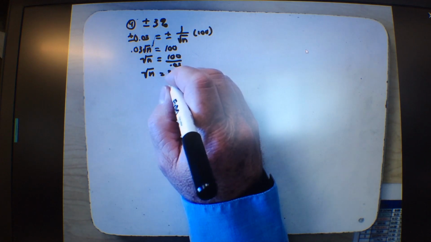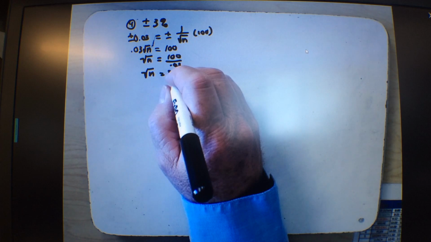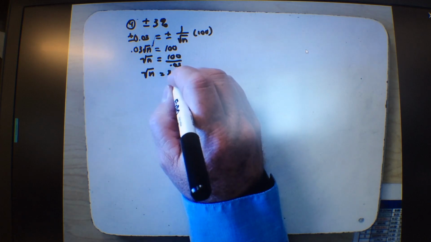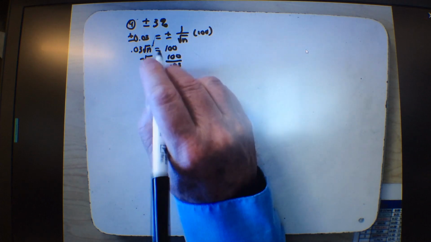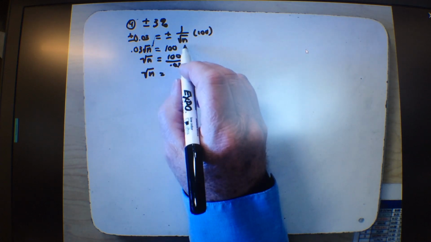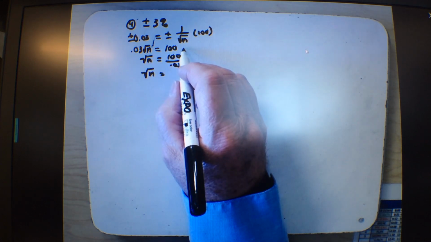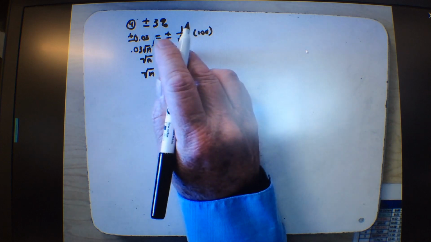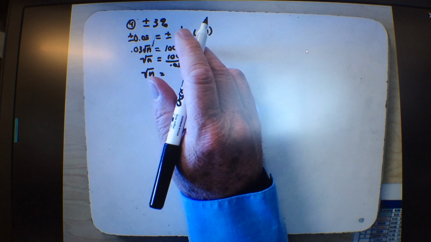3,333.3, with a line above it. Just a bunch of 3s. Okay, I said that wrong then, didn't I? We divide by 100.